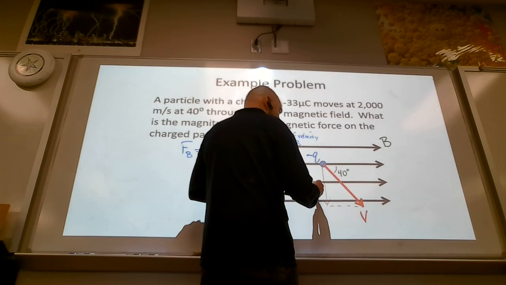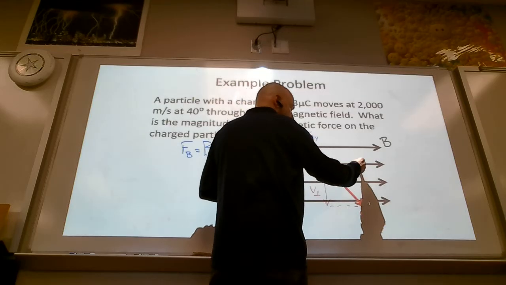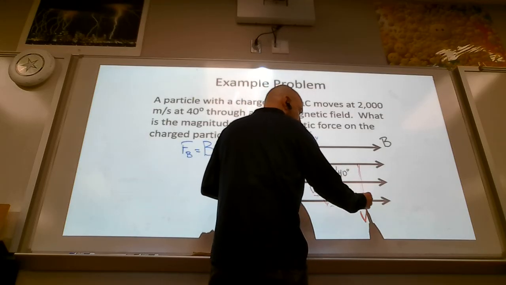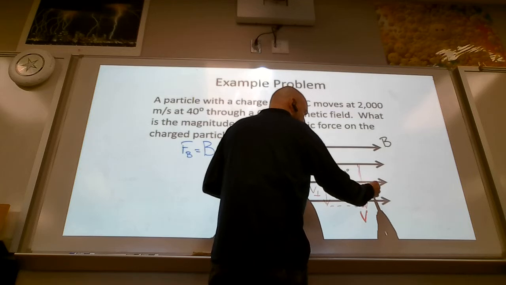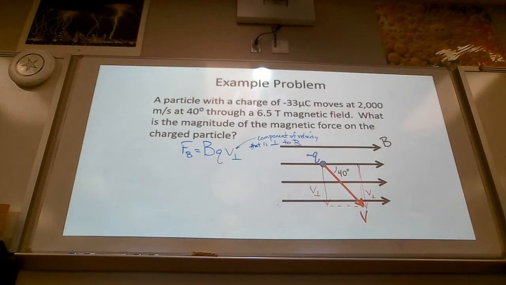That would be the component that is perpendicular. I could draw it over here, or I could draw it over here. Either one is fine. So, to find that component that is perpendicular, am I going to use sine or cosine? I'm going to use sine of 40.